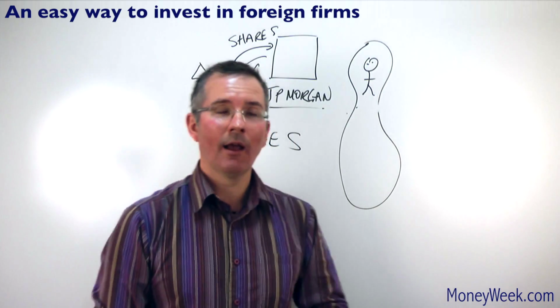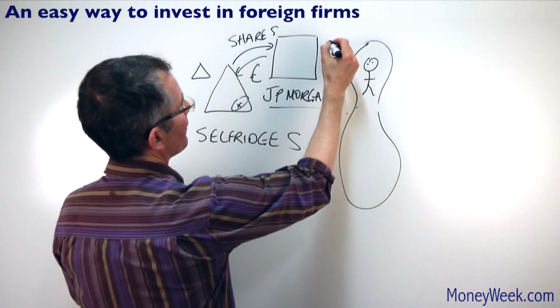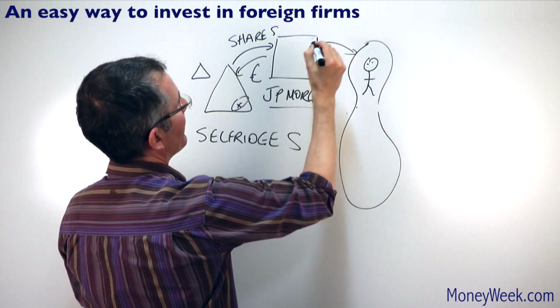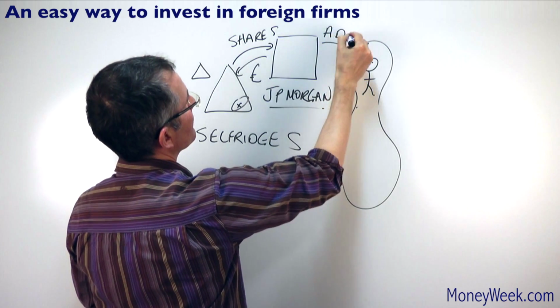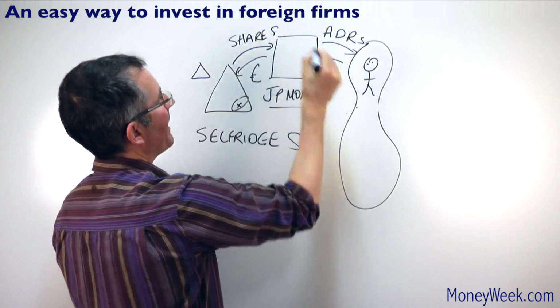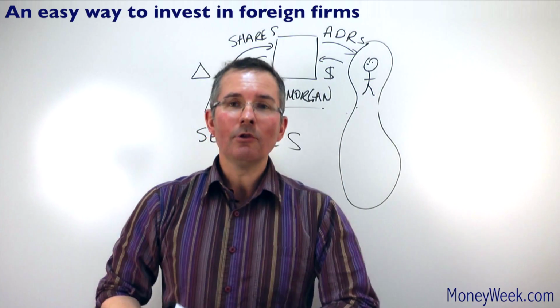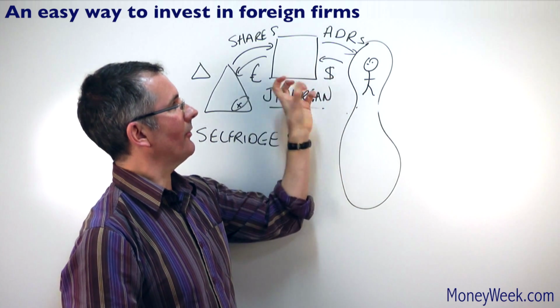Not surprisingly, an American depository receipt, or ADR. So here's how it works. The US bank then issues what we'll call ADRs, American depository receipts, and of course the US investor can pay for those in their currency, dollars. All right, now the beauty of depository receipts is a little trick here.